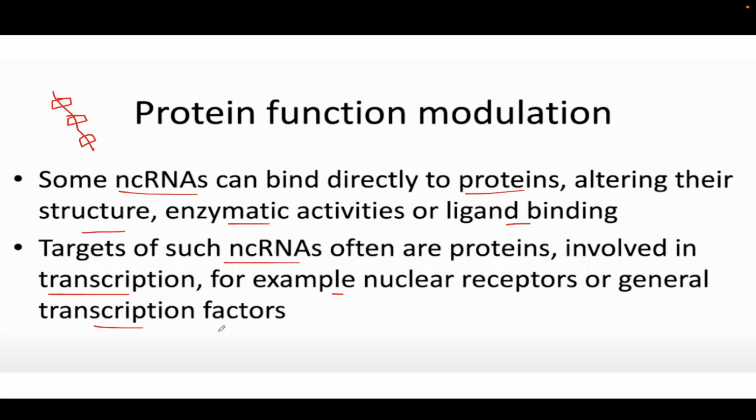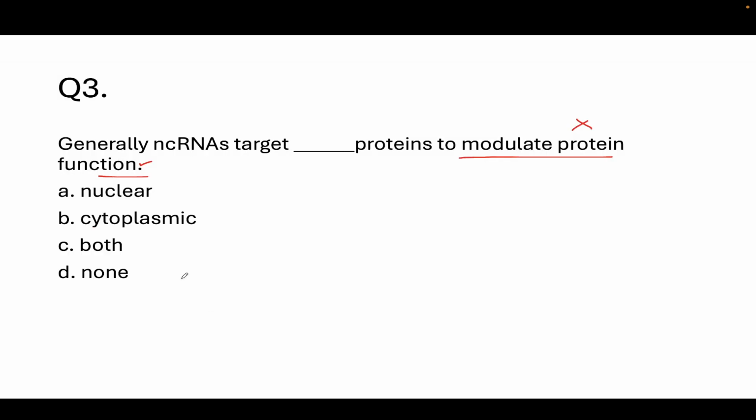Every time remember, when we are talking about core changes like function, we need to go for the genetic level, not the protein level. So you just go for the genetic expression change, then everything will be changed. So here is your answer, that is nuclear. Generally they target the nuclear proteins to modulate protein function.